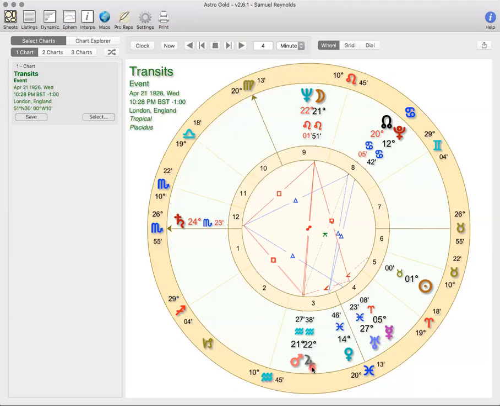This is the glyph for Jupiter in Aquarius at 22 degrees and 38 minutes. This is the glyph for Mars at 21 degrees, 27 minutes of Aquarius. So these two are what we would say, and we'll get to that a little later in another video, conjunct. Way over here, we have Saturn. And Saturn is at 24 degrees Scorpio and 23 minutes.